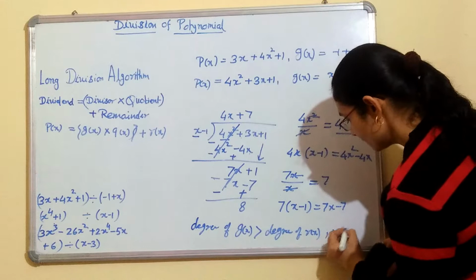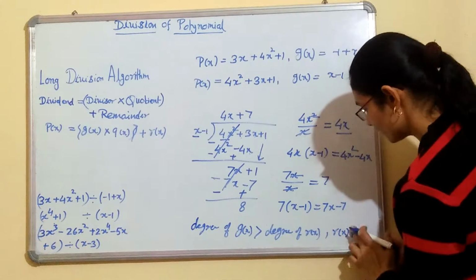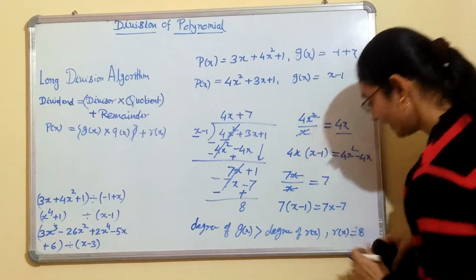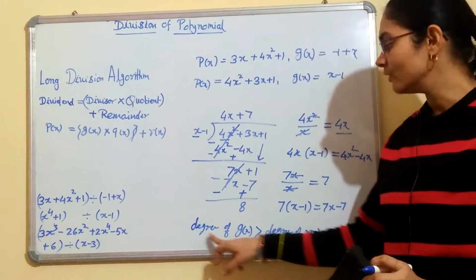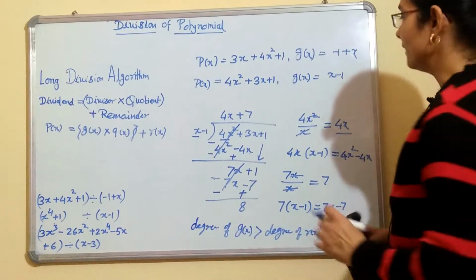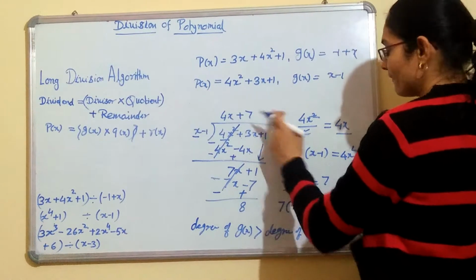Here r(x) does not equal 0 because we get r(x) equal to 8. So r(x) is a constant polynomial, but the degree of r(x) is less than the degree of g(x), so division is complete, and our quotient is 4x plus 7.